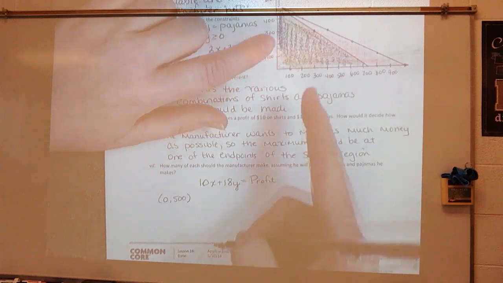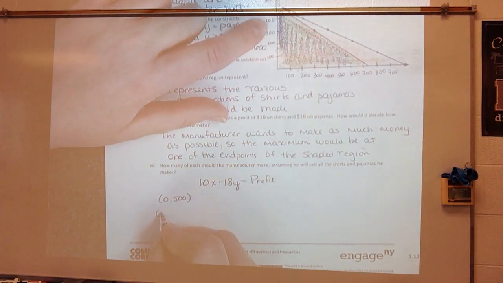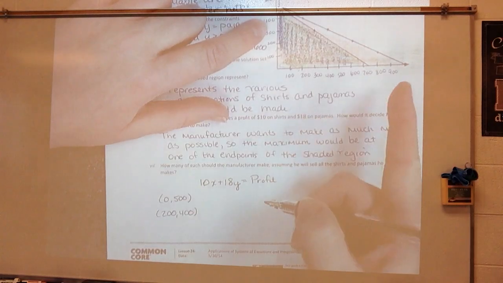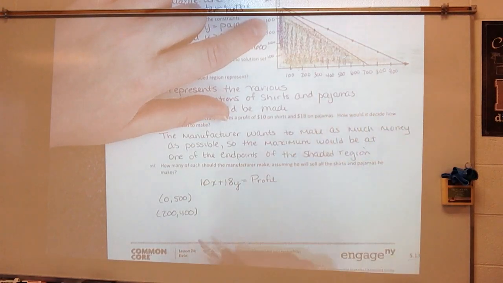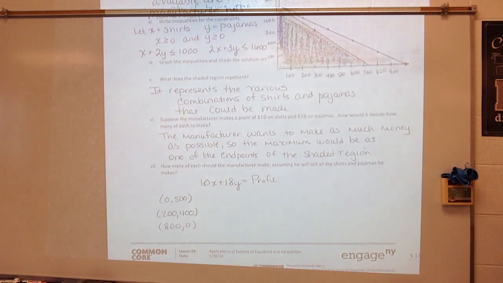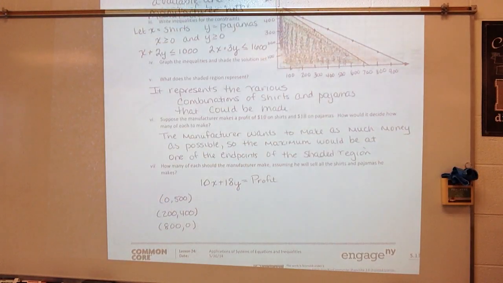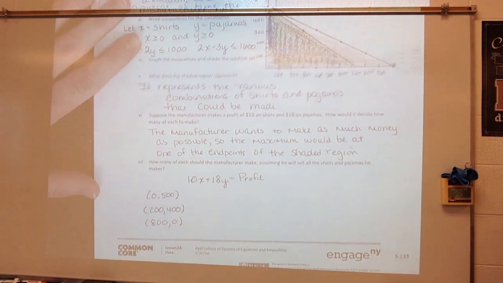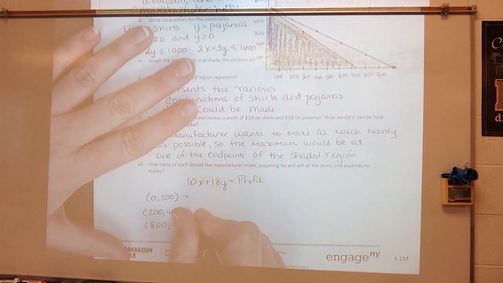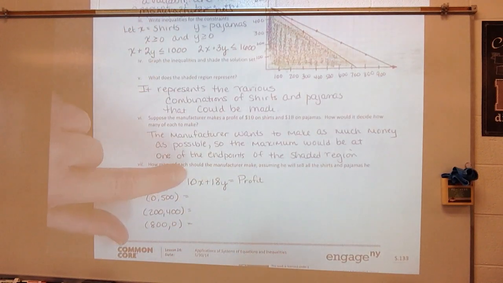We can do 200, 400. And we can do 800, 0. Okay? So those are just 3 points that I've pulled out of the shaded area.